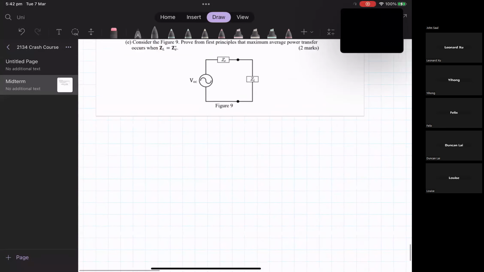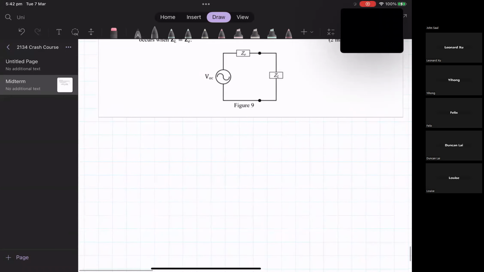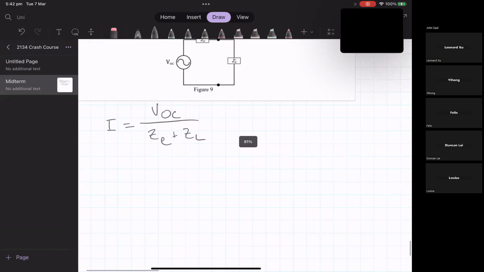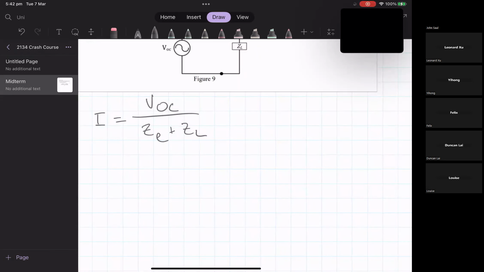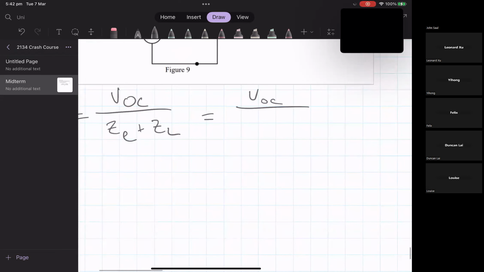So we will start by finding I squared, the current. This is just Ohm's law, but the important thing to note is we can break up these impedances into the resistance and reactance.